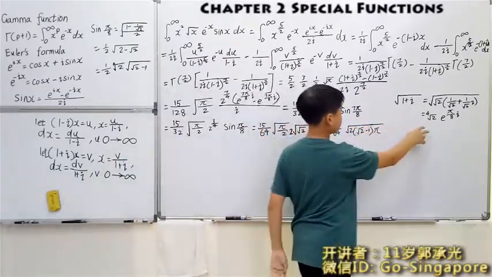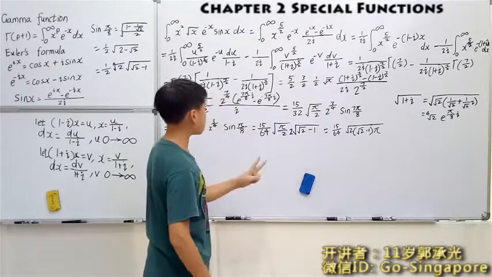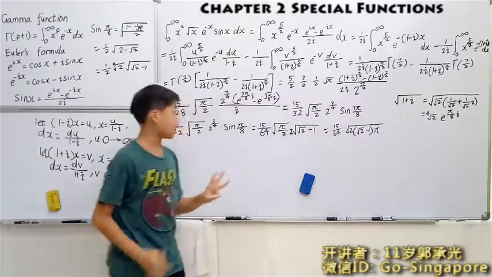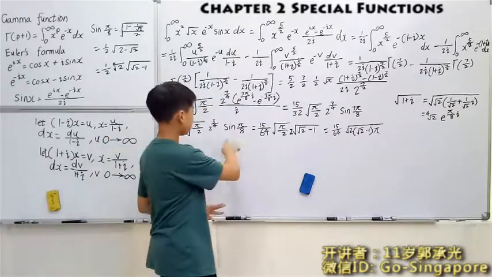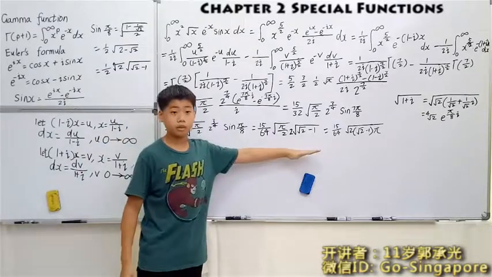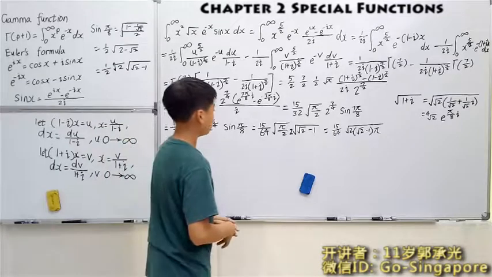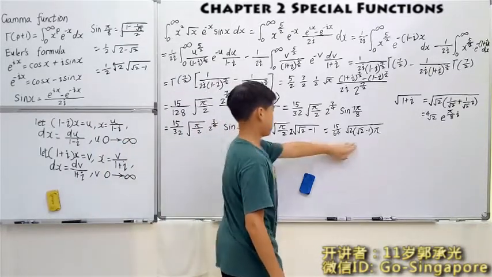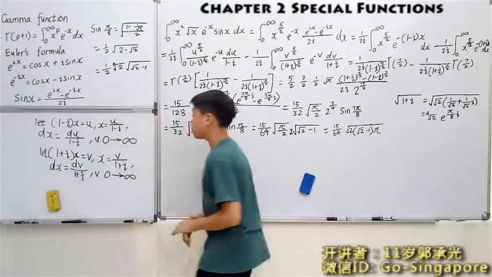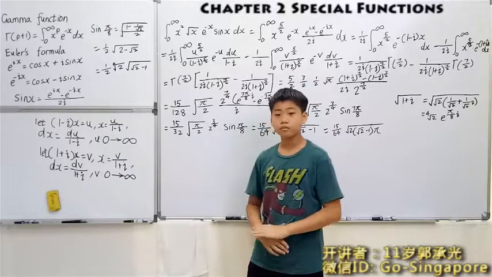Wait, this part. We use another time of Euler's formula. 2 times already. Another time. 3 times. There are no more. But we also used the double angle formula, or otherwise known as half angle formula. Then simplify and combine. So it's like this. And also, another very important thing, substitution.